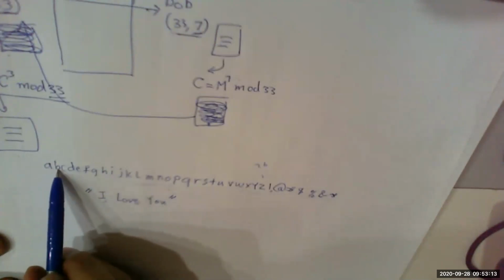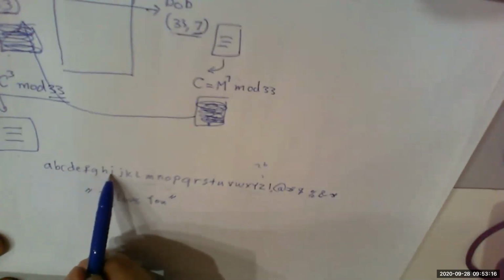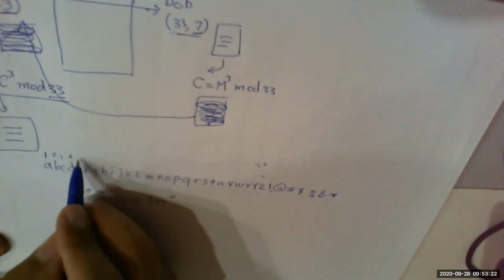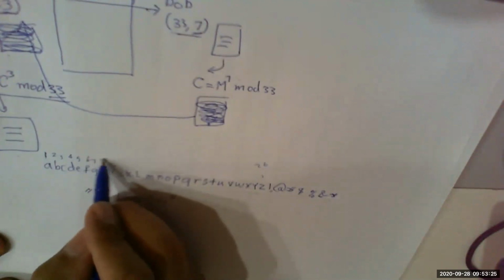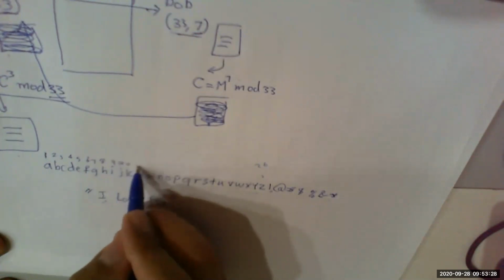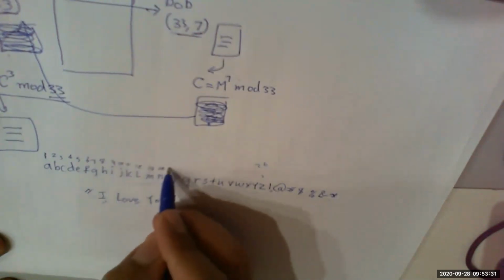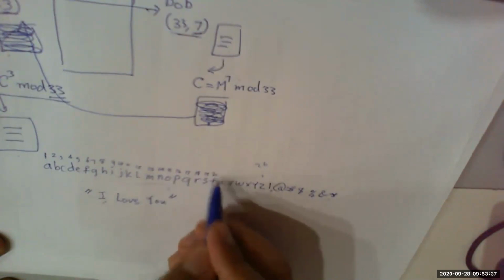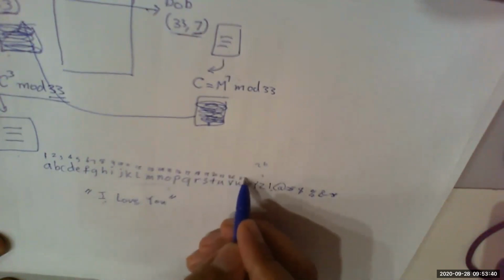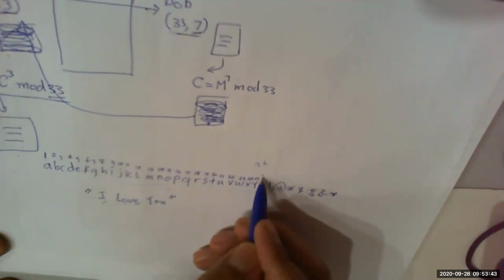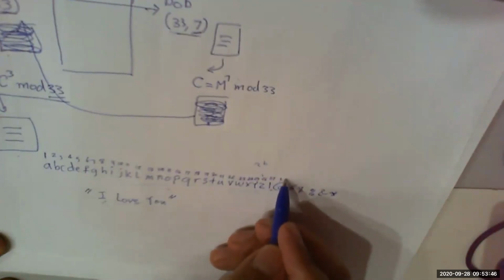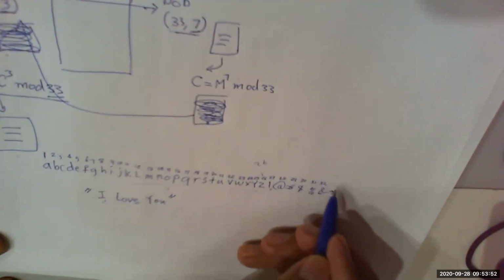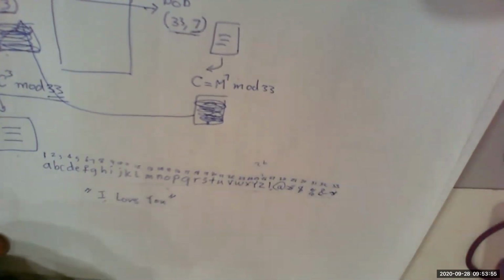It starts with 1, 2, 3, 4, 5, 6, 7, 8, 9, 10, 11, 12, 13, 14, 15, 16, 17, 18, 19, 20, 21, 22, 23, 24, 25, 26, 27, 28, 29, 30, 31, 32, 33. These are the alphabet letters and their indices.